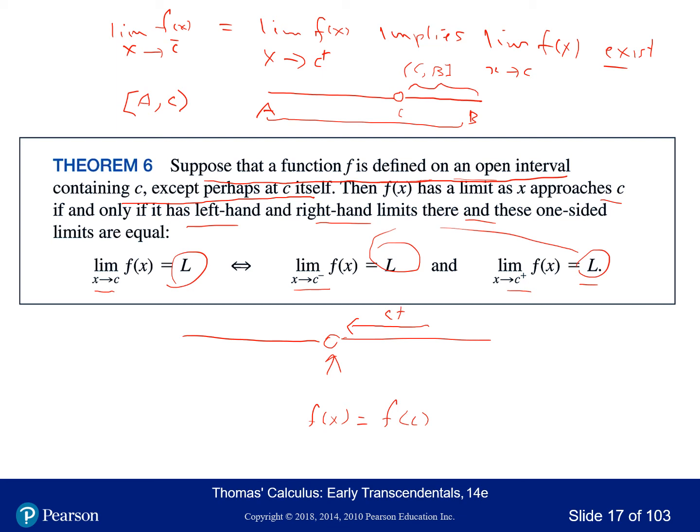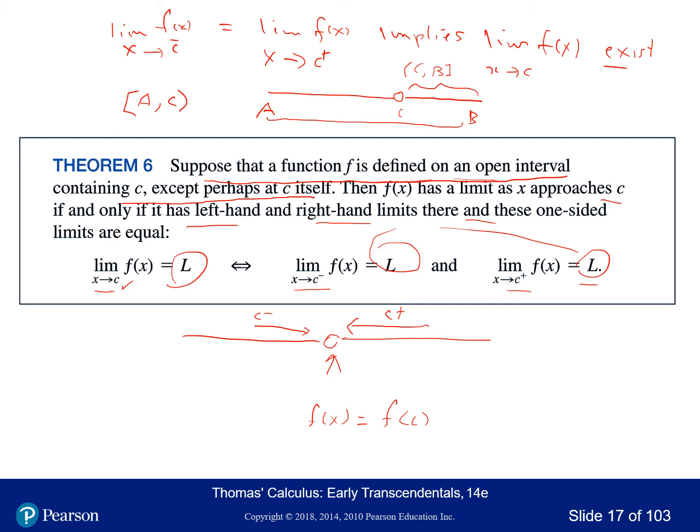And we can take the limit as we approach from the left, and that is the limit as c negative. If the limits are equal, then there is a limit for the whole function as we go to c. Not from the right or from the left, we just freely go to c. Limit of f of x as x goes to c equals L.